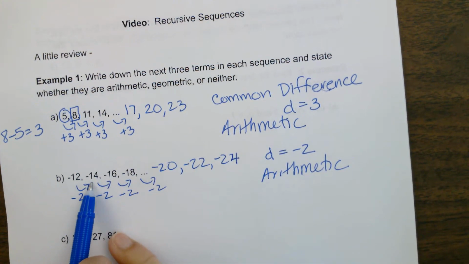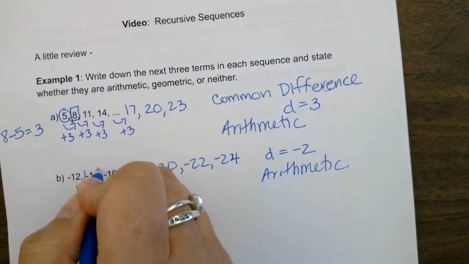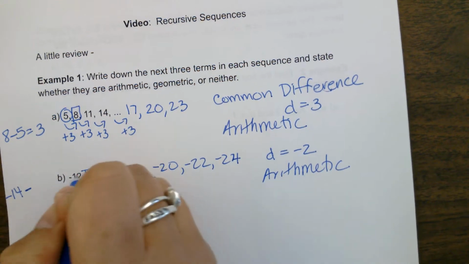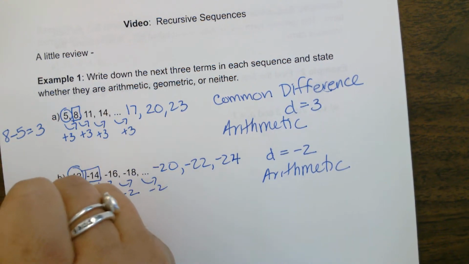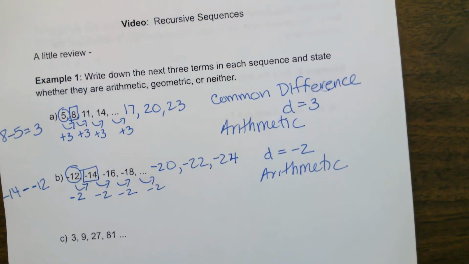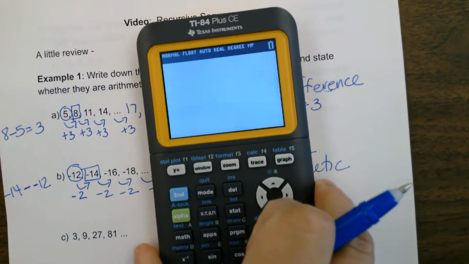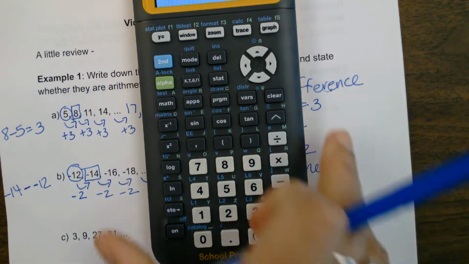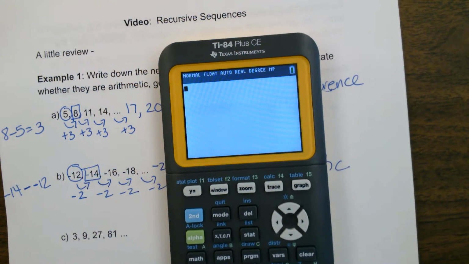So let's see if it works for this one. I take the second number, -14, and I subtract. Now be careful because I'm subtracting a -12. And if you say, oh my gosh, I'm not really good with negatives, well then take out your calculator. We have the negative button down here. So in our calculator we can put in -14.